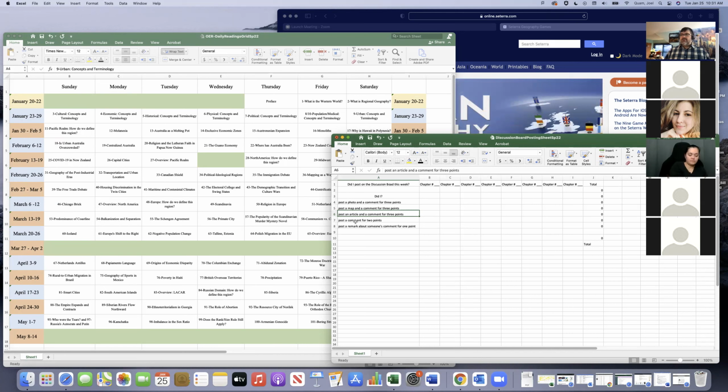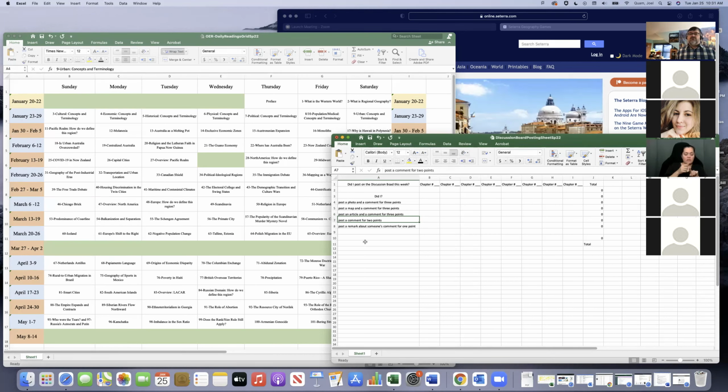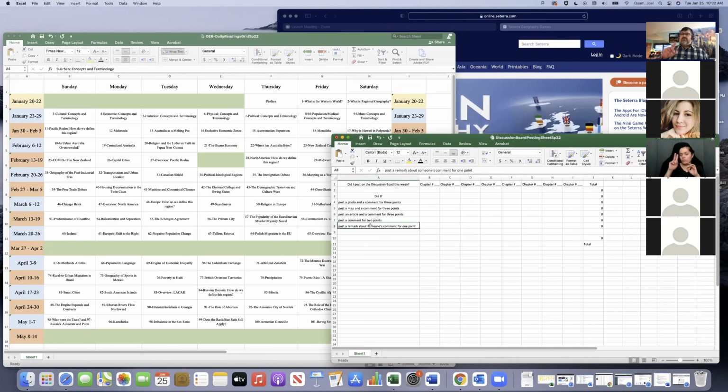And or you can post a longer comment of your own, thoughts that you have about the chapter, about the information in the chapter, a longer comment for 3 points. Or you can post a remark. The comment was 2 points. You can post a remark about someone else's comment.